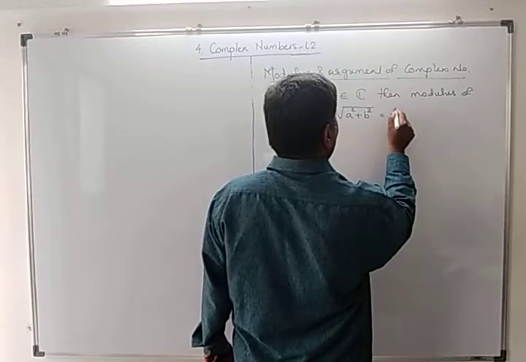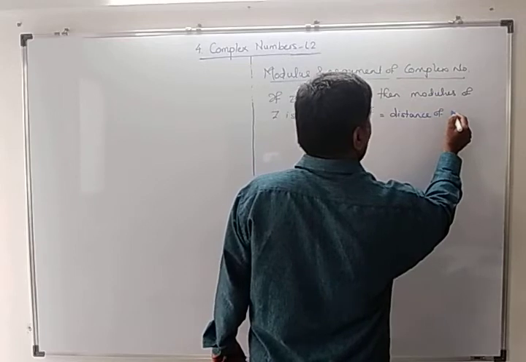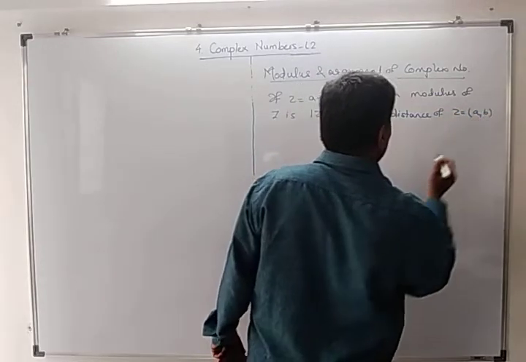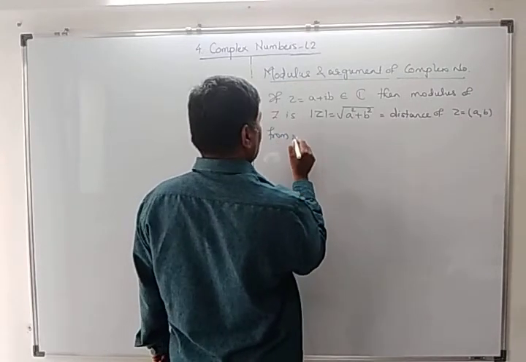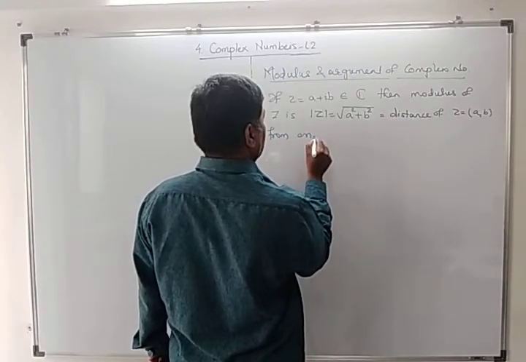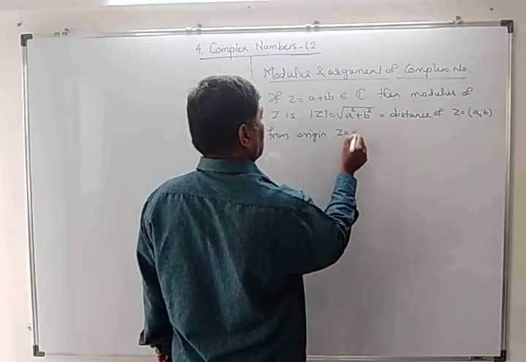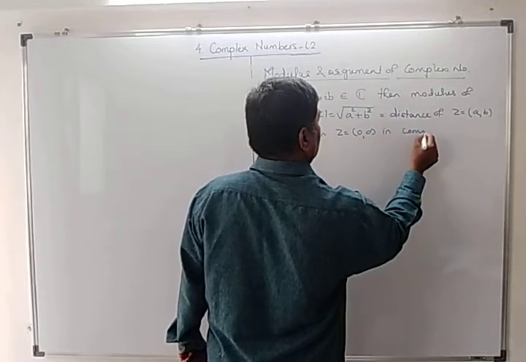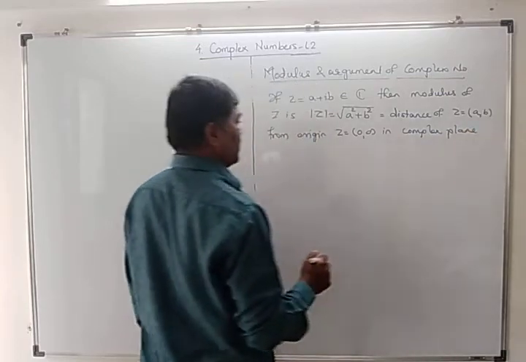This is nothing but the distance of z equal to (a, b) from the origin (0, 0) in the complex plane.